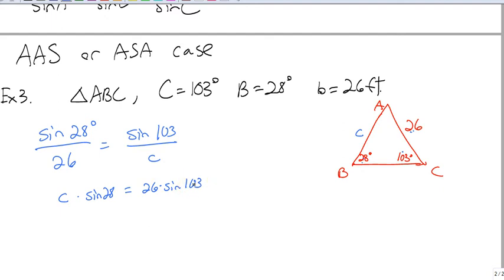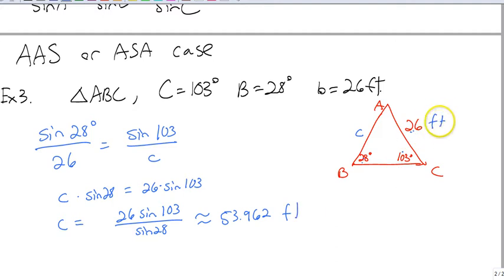So in your calculator, you type in C equals 26 sine of 103 all over the sine of 28. And when you do that, and make sure you're in the right mode, you get that C is 53.962 units, so it'd be feet, because in the problem I said that this is 26 feet. Alright, so we found C just using law of sines.